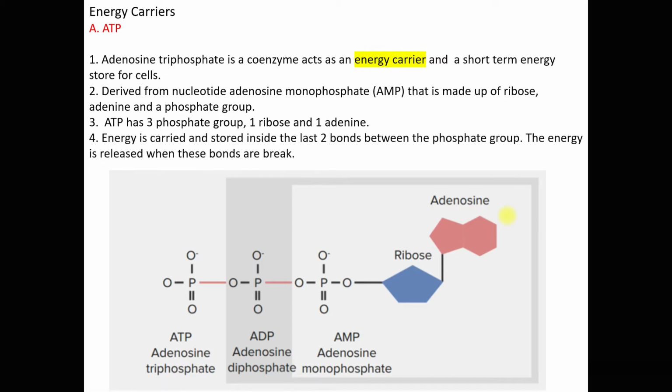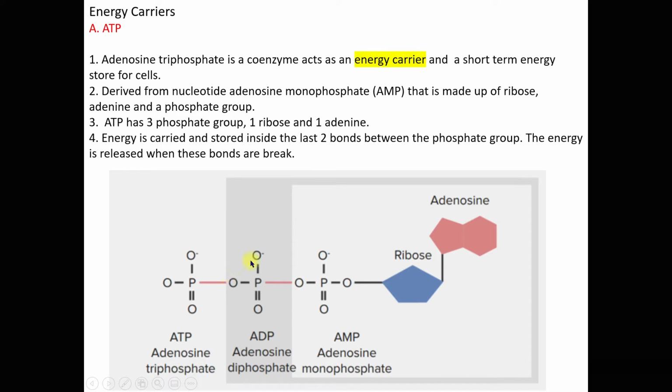Now, the energy in the ATP is carried and stored inside the last 2 bonds between the phosphate groups. Can you determine where those 2 bonds are? It's here. These are the last 2 bonds where the energy is carried and stored in an ATP.